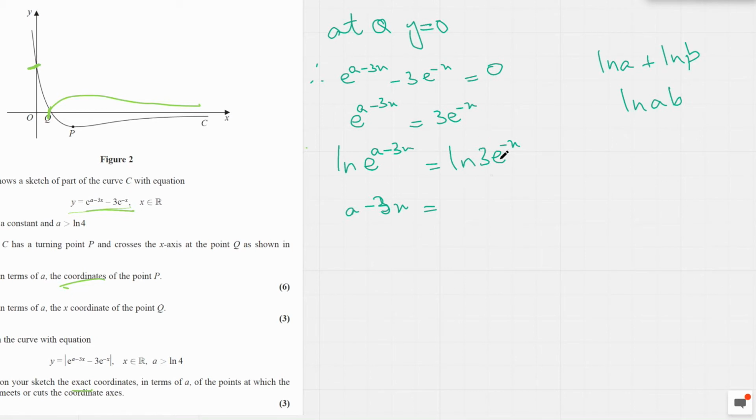So here we have 3 times e^(−x), so we can break it down into the natural log of 3 plus the natural log of e^(−x). Now a minus 3x equals the natural log of 3, and this will be negative x.